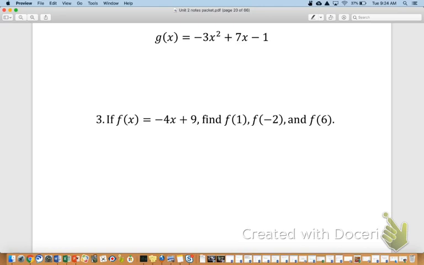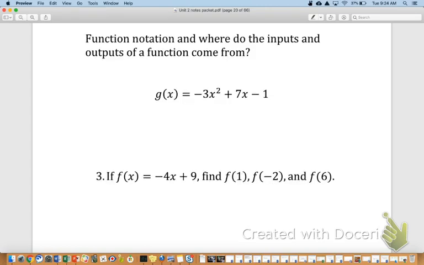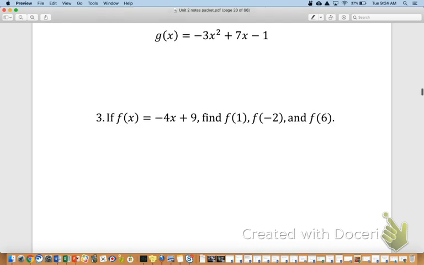It looks like this. Try to match this up exactly. Function notation, and what about the inputs and outputs? What does this look like? Y'all good? Y'all on this page? Okay. So, if I have a lovely function like this, g of x, that's how you say this.